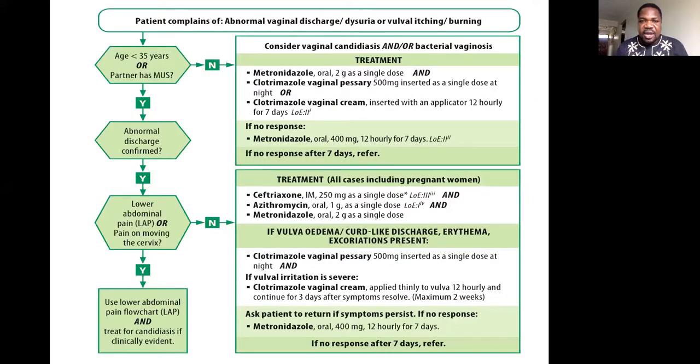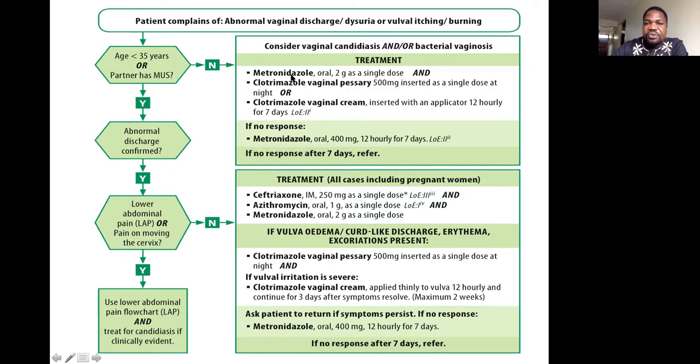Then how do you approach the treatment for these conditions? If you are thinking of vaginitis, that can be vaginal candidiasis, bacterial vaginosis, or infection due to trichomoniasis, then you can put this patient on oral metronidazole, 2 grams as a single dose. This metronidazole covers either Trichomonas vaginalis or bacterial vaginosis.